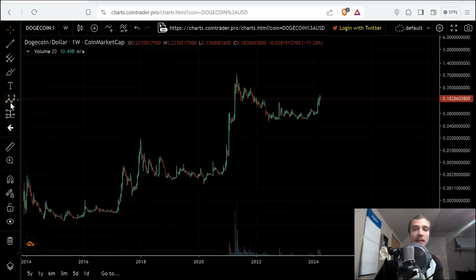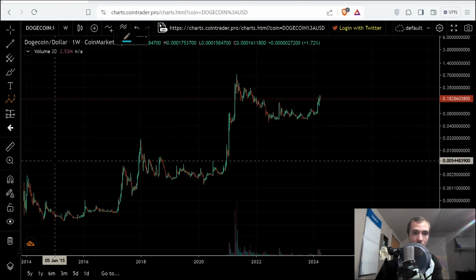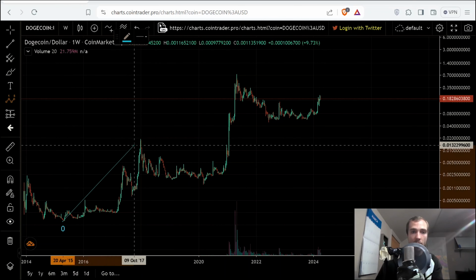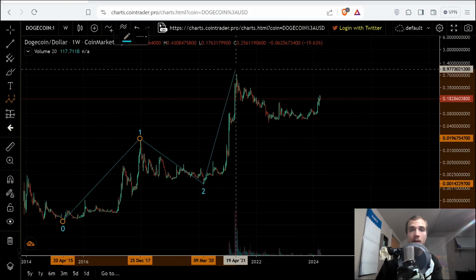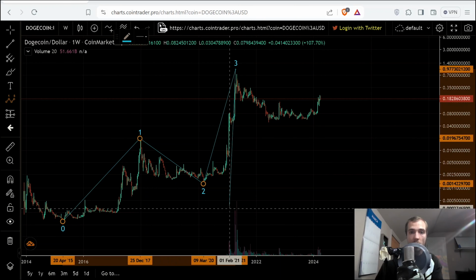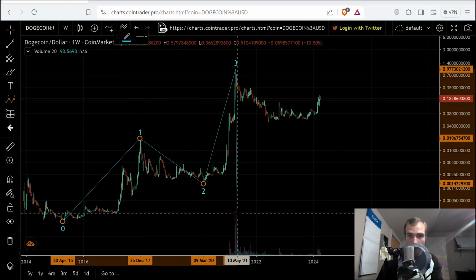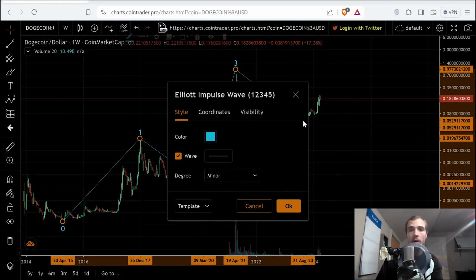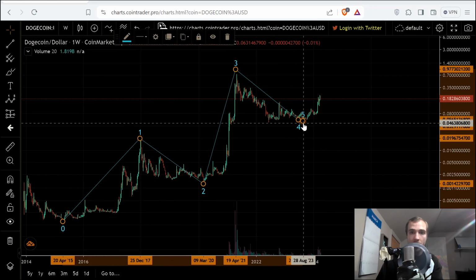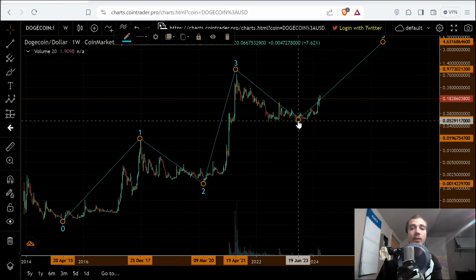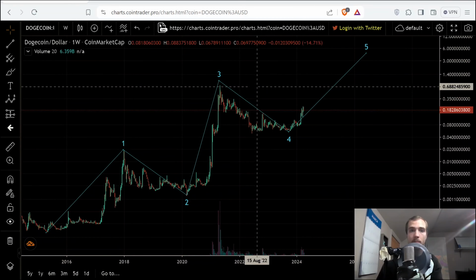And we can really see that in the Elliott wave structure as well. So we have a wave 1 here. We have a wave 2 right here. Then we have our wave 3, which has a lot of volume, which is typical of wave 3. Then wave 4. And we're getting ready for our bigger picture wave 5 here with Dogecoin.